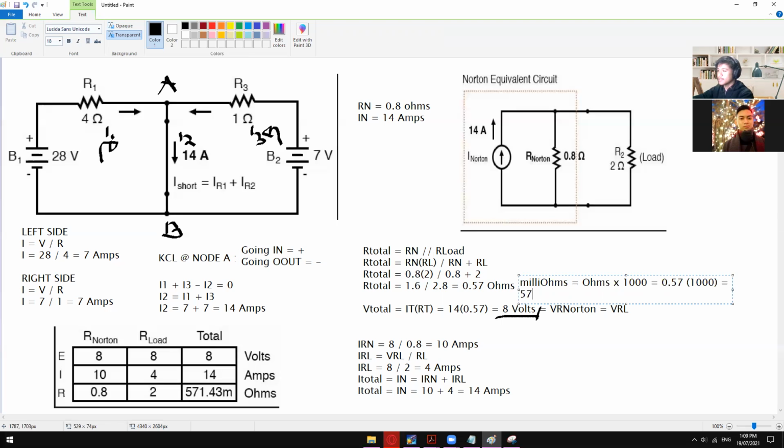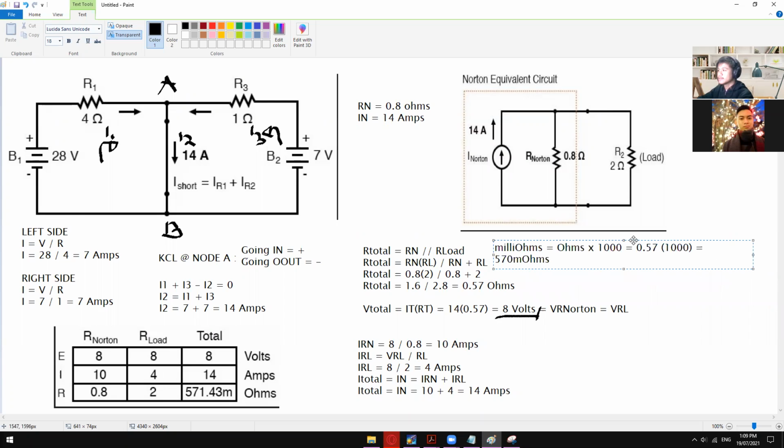Okay, 570 na lang kasi wala na tayo ng mga ibang values like 1, 4, and 3 since I did only get the 2 decimals of this one. Pero kung tutuusin, ito yung exact value niya, 571.43 milliohms, not milliamps. Medyo unusual kasi yung milliohms na unit.